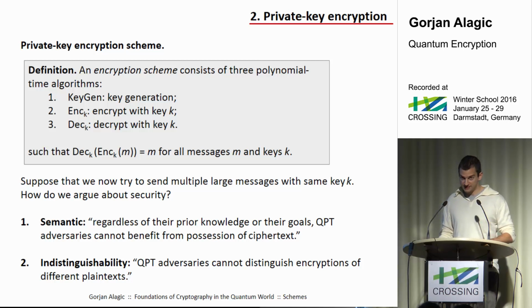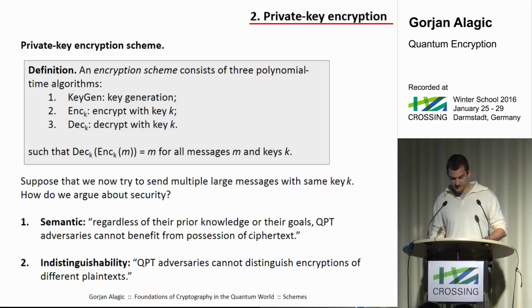I'll mostly talk about indistinguishability for the rest of the lecture. These two notions are equivalent, and you can prove this in basically all of the settings that I'll talk about. This is quite nice because, as I said before, the semantic security notion carries a lot of meaning, whereas the indistinguishability notion is much easier to deploy in proofs.